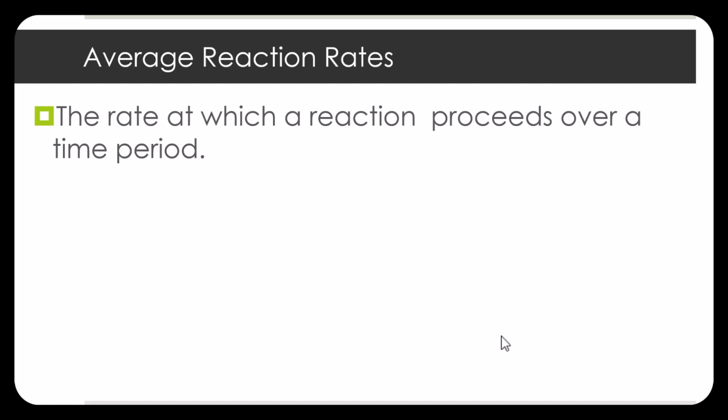So how far do we travel over that hour of time? If we're monitoring weight loss, weight gain, how much did our weight change over a year, 2 years, 6 months, whatever it may be. When we talk about reaction rates, the time period can change. It could be years, it could be days, it could be seconds. So that time period is defined by whatever reaction we're dealing with.